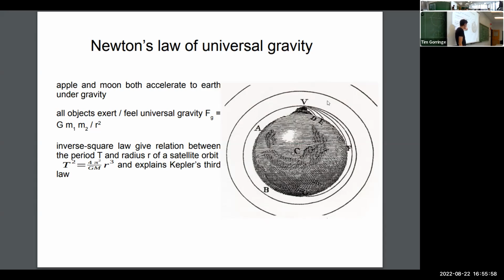That had already been uncovered from data by Kepler, so it explained Kepler's third law. So the homework assignment is about this relationship here. I'm going to solve the problem of how far something will fall and how much time it takes to fall a certain distance. You're going to look at the relationship between the altitude of a satellite orbiting Earth and the period of that satellite as it orbits Earth.